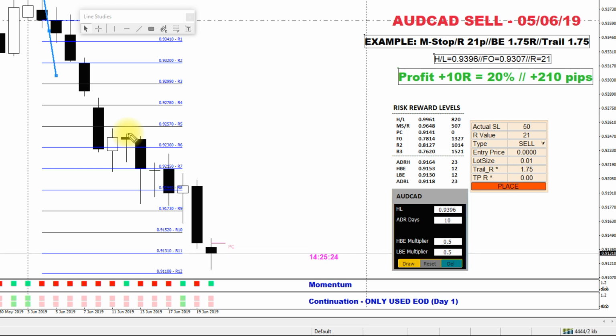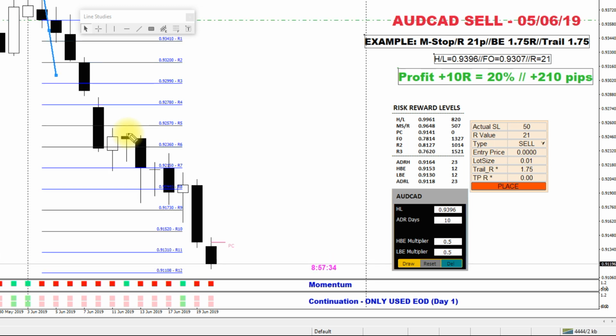It's hard to tell. Momentum is again slowing. We're definitely at R10. We've gone through 11.75 R, so our stop is at R10. I think we're about to find out.